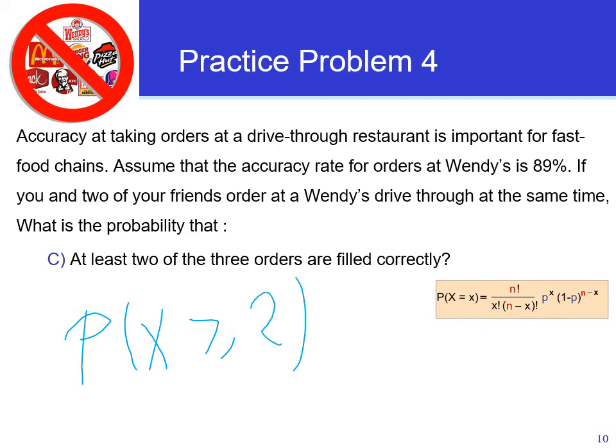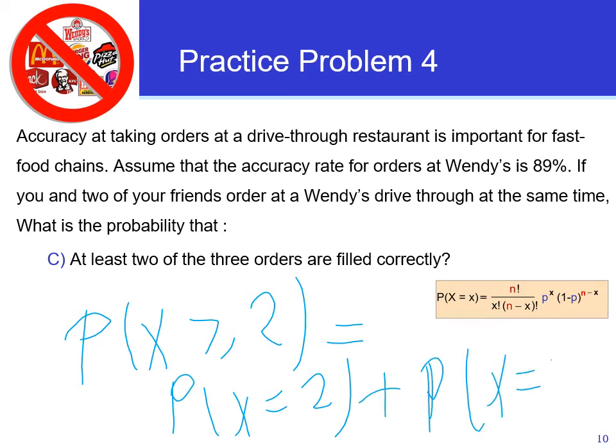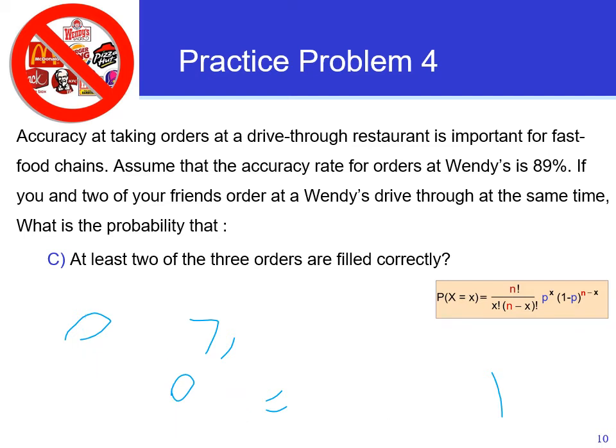This means the probability that exactly 2 orders get fulfilled correctly, plus the probability that 3 orders get fulfilled correctly. So you need to find both for x equal to 2 and x equal to 3 to solve this problem. So let's see the solution here.